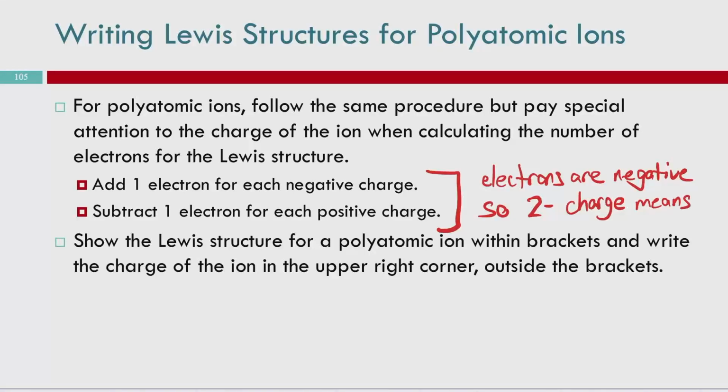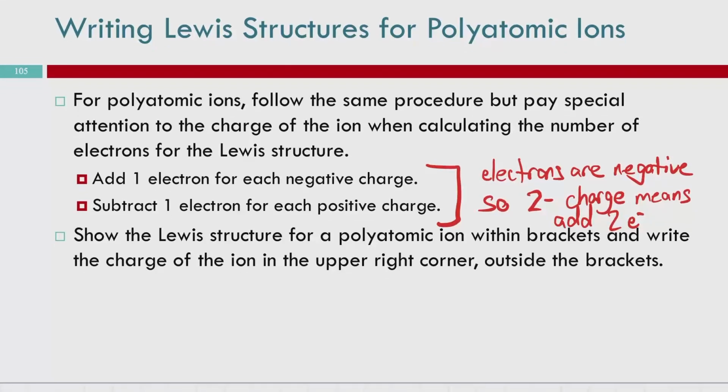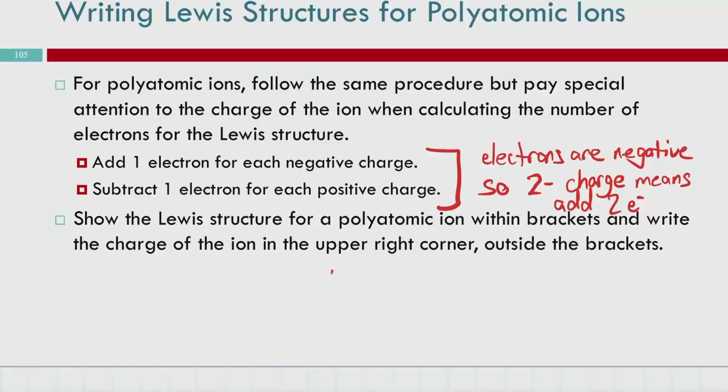So a 2- charge means add 2 electrons, for example. If we had a positive charge, that means that we lost an electron. We've got extra protons compared to our electrons, so we would take off an electron. And for polyatomic ions, we need to make sure that we have a bracket around the whole thing, and then the charge in the upper right corner. In this case, just the example 2- charge that we were talking about.